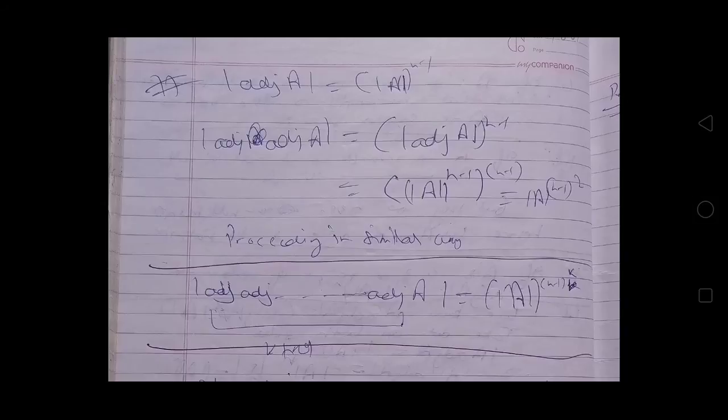Proceeding in a similar way, you will get the determinant of adjoint applied k times on matrix A will be equal to the kth power of n minus 1 power of the determinant of A.